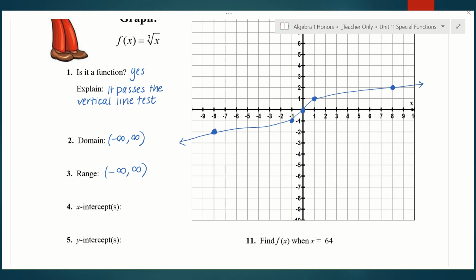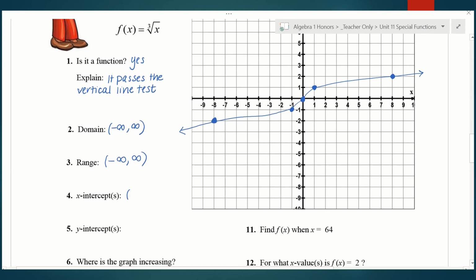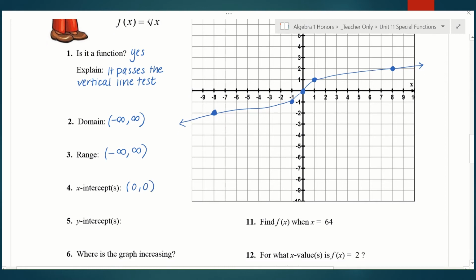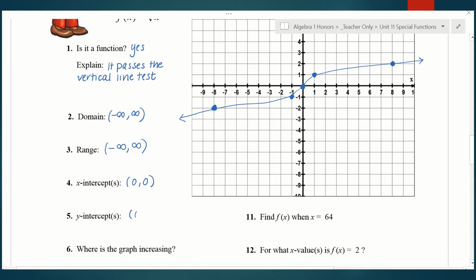All right, any x-intercepts? Where does the graph cross the x-axis? At 0, 0. The y-intercept is actually the same. Where is the graph increasing? Okay, so this one's a little tricky. Remember, we're reading left to right. It's probably better to look at your graph on the calculator because I'm looking at mine and it's not too perfect.